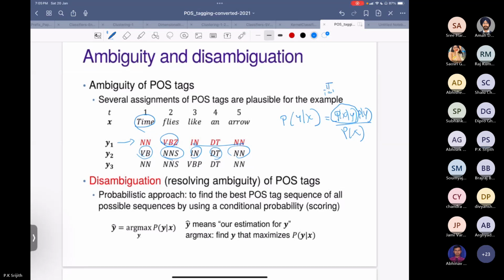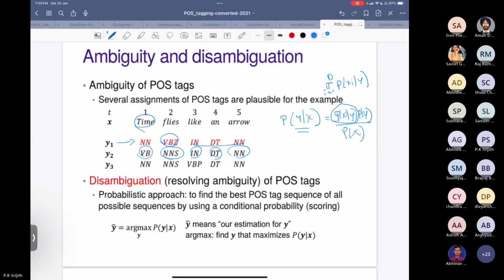That is the Naive Bayes classifier. But in general, you can think of this as a Bayes classifier, where you try to obtain P of y given x by applying Bayes theorem, that is P of x given y into P of y divided by P of x.